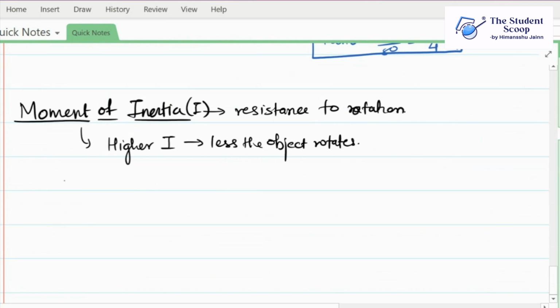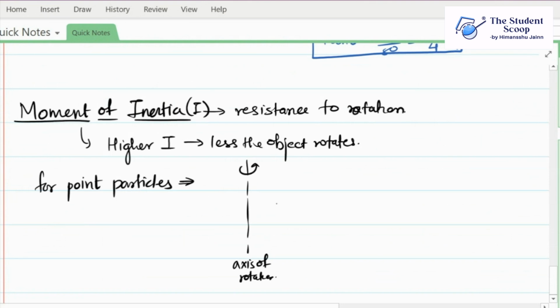Okay. So for point particles, if this is the axis of rotation, about which the objects are going to rotate, and there are a few point particles like m1, which is exactly distance r1 apart, or there is m2, which is exactly distance r2 apart, or there is m3, which is exactly r3 distance apart.